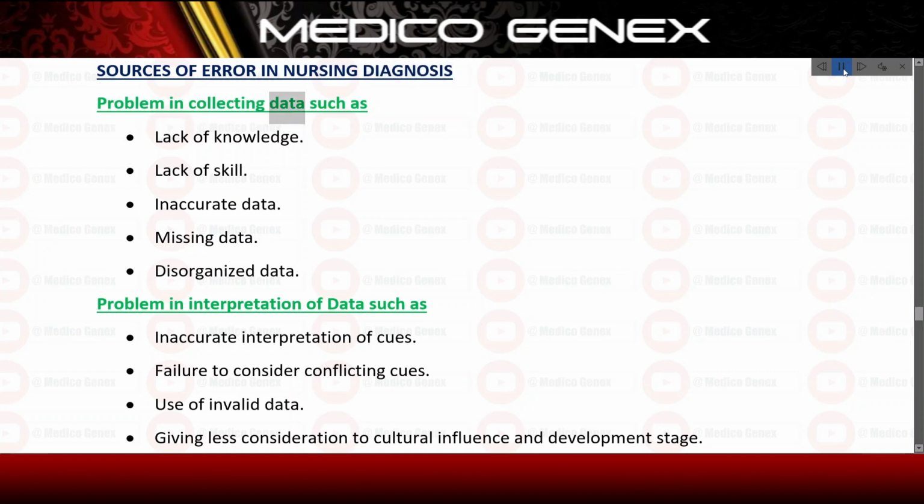Problem in collecting data, such as lack of knowledge, lack of skill, inaccurate data, missing data, disorganized data. Problem in interpretation of data, such as inaccurate interpretation of cues, failure to consider conflicting cues, use of invalid data, giving less consideration to cultural influence and development stage.